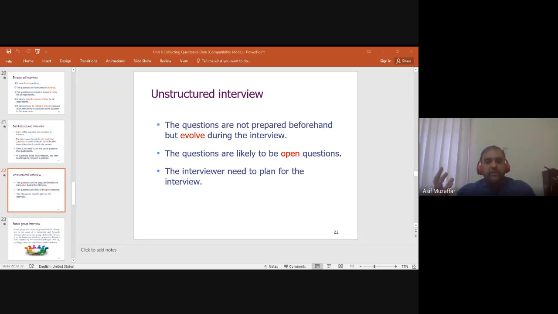In qualitative research, we call research purpose or research objective the research theme. But when you are not clear about your research purpose or research theme, then you can conduct some unstructured interviews. Unstructured interviews will give you insights into what should be your research purpose, because you are asking questions at the time of interview. You haven't planned anything.